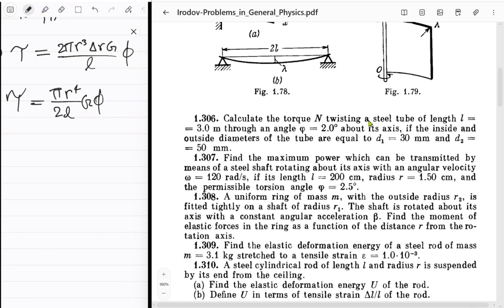Steel tube through some angle. Interesting. All we will need is, where is the Young's modulus? No, okay, we don't need a Young's modulus, it's shear modulus that we need, of course. Sorry. For a second I thought there was no modulus of elasticity. Okay.